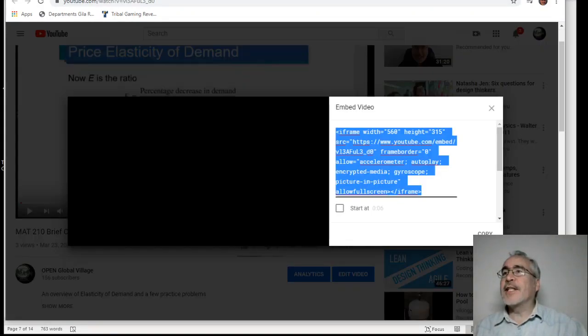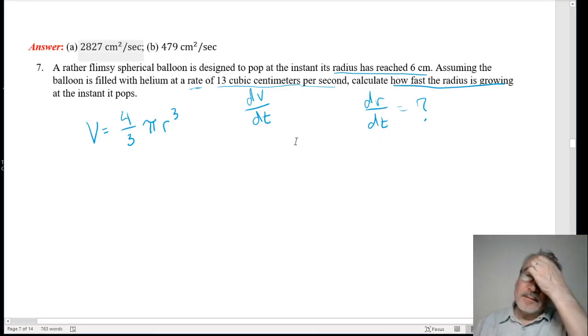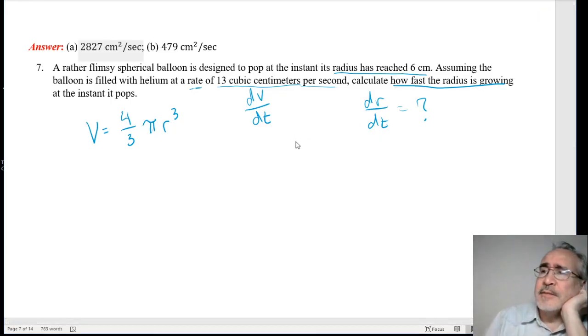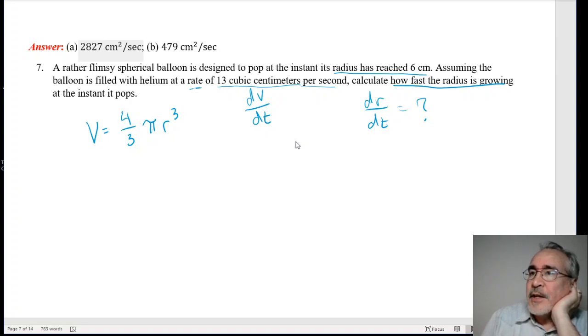Hopefully the question would give you that formula, because that's kind of one I wouldn't expect you to know right off the top, but here we are, we're practicing, right? So again, we've got the volume related to the radius. We take the implicit derivative of both sides, so the derivative of volume is dV dt, and we have to put that marker in there. 4/3 is a constant, pi is a constant, so those stay there.